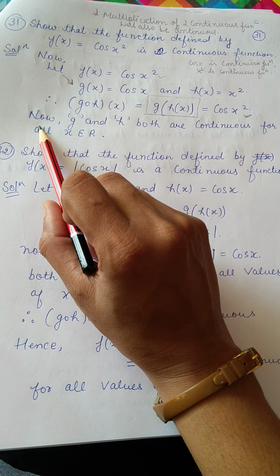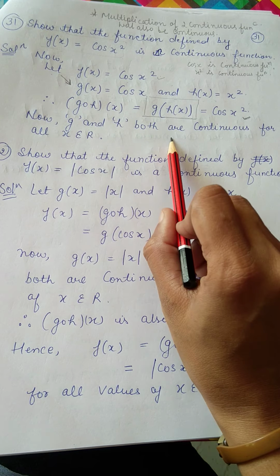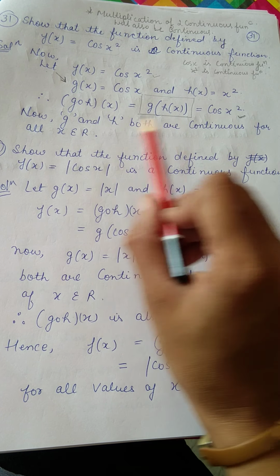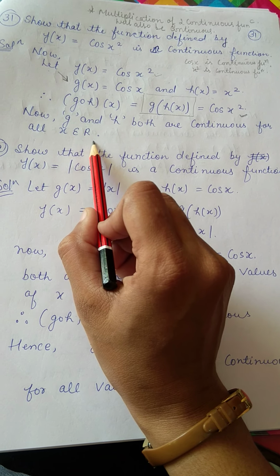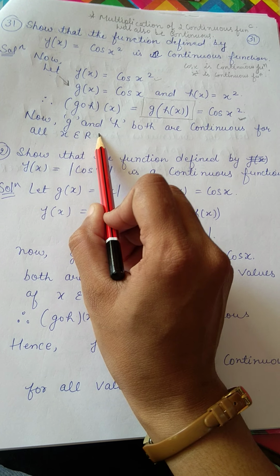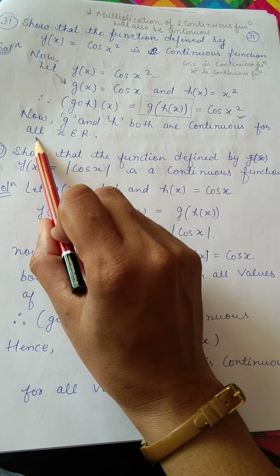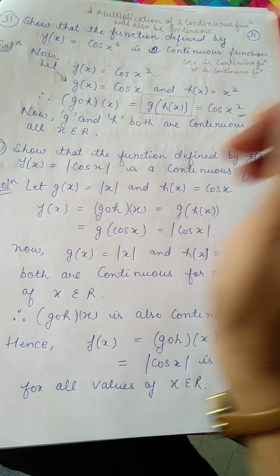Clear? Therefore finally we can say that g and h both are continuous for all x belonging to R.